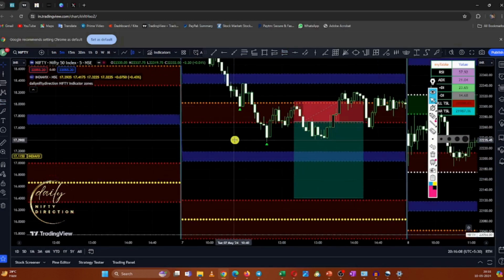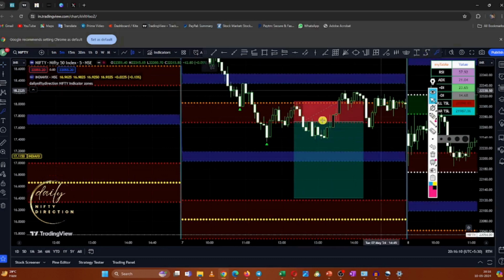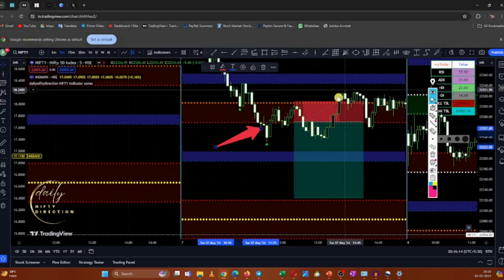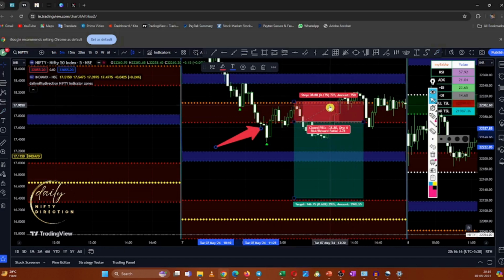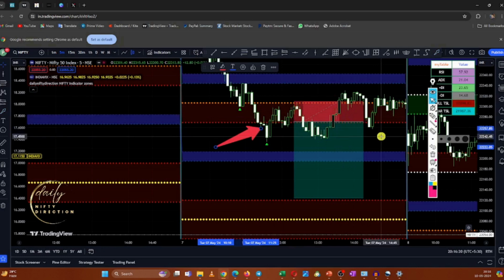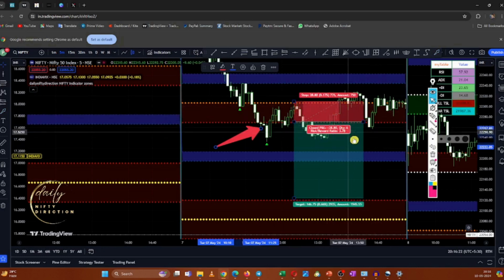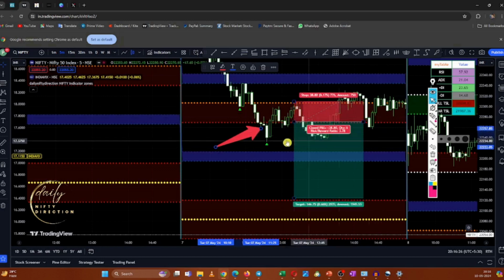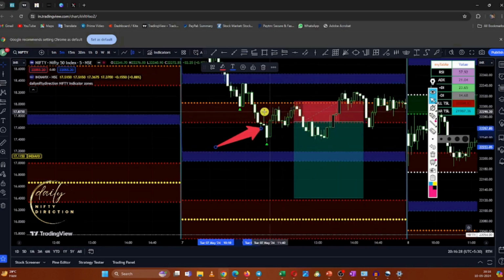Okay, and since it was broken here, this zone was broken, you would not take the trade even if it closes above your zone. You will avoid it. Okay, you will avoid this trade.